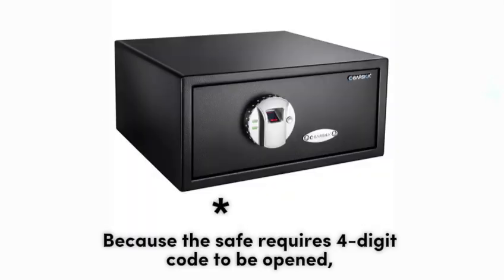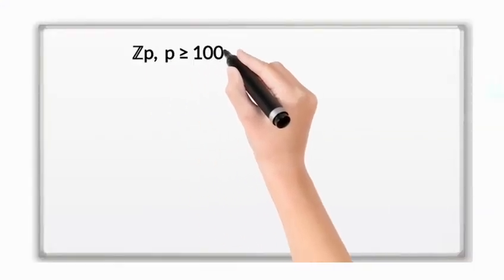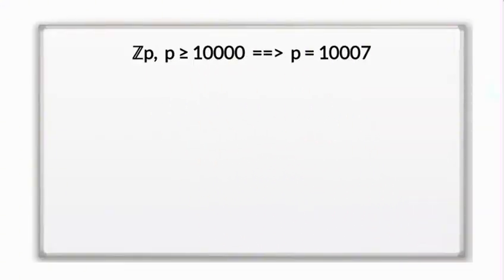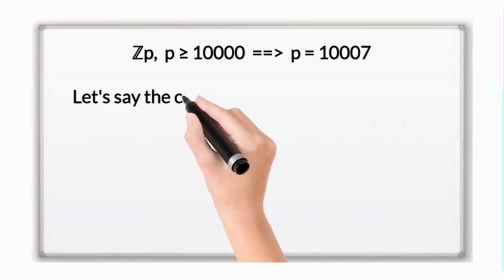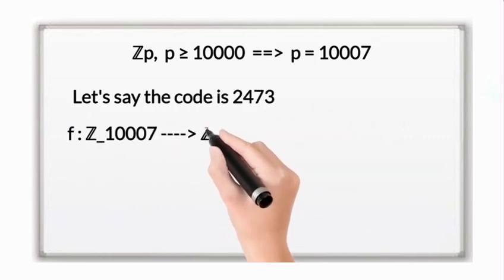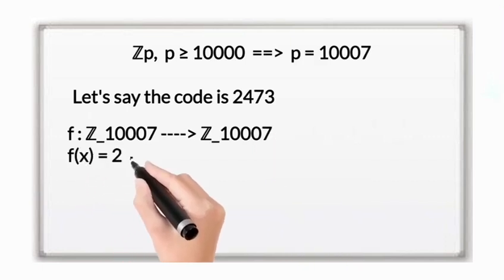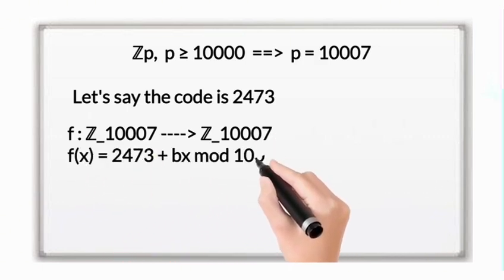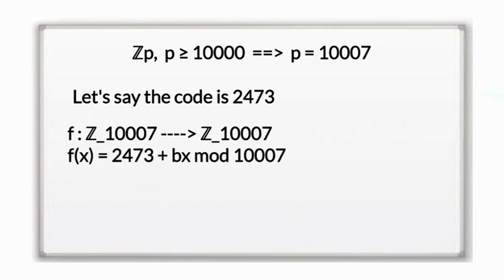Because the safe requires a 4-digit code to be opened, we need at least 10,000 elements in our field. We can take the set Z_10007 because 10,007 is the smallest prime number that is greater than 10,000. Let's say that the code is 2473, so we construct a function f with the domain Z_10007 and the range also Z_10007. f(x) is equal to 2473 plus bx modulo 10,007.